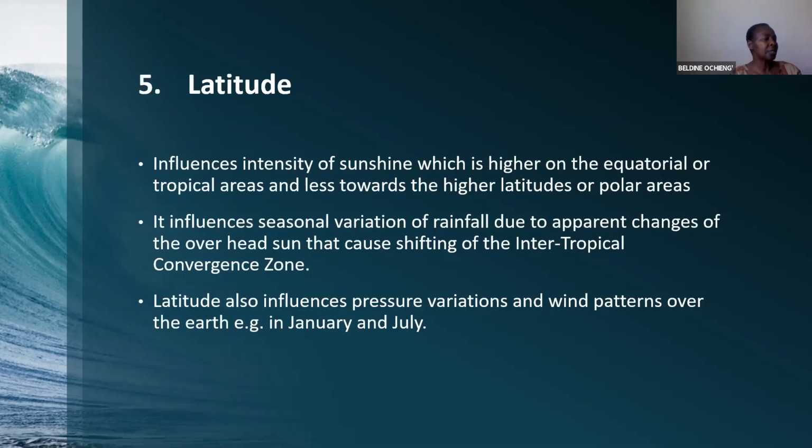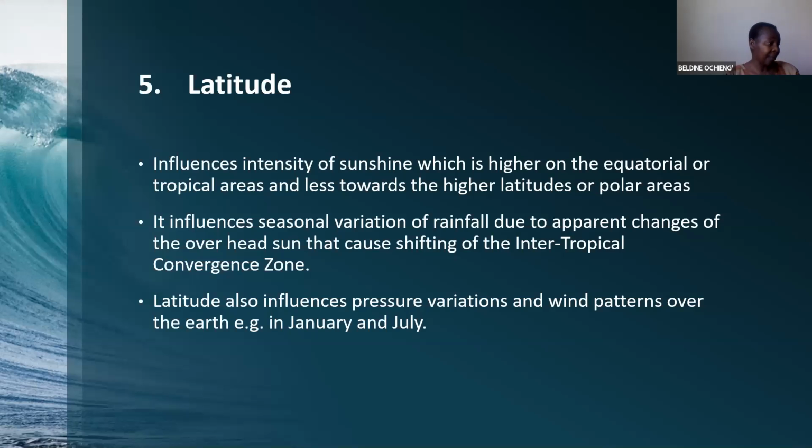We can also think about the angle of reception. We have an acute angle at the poles, and we have the right angle at the equator, giving us intense reception of the sun's rays.